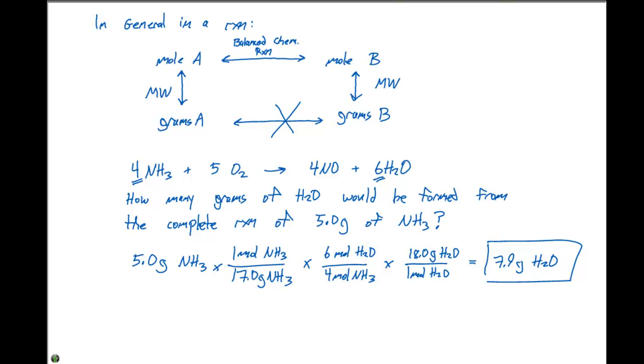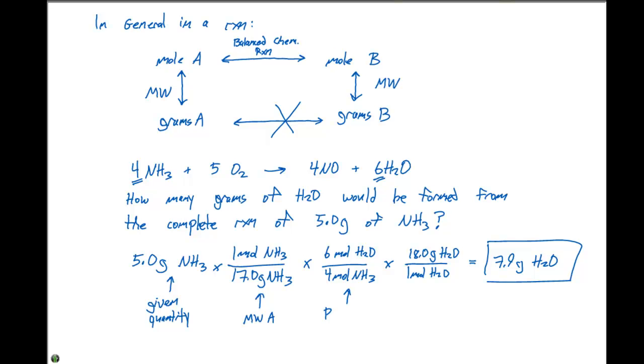So when we look at what we're doing, this is our given quantity, which is 5.0 grams of ammonia. We then use the molecular weight of A from our chart up here to convert from grams of ammonia to moles of ammonia.